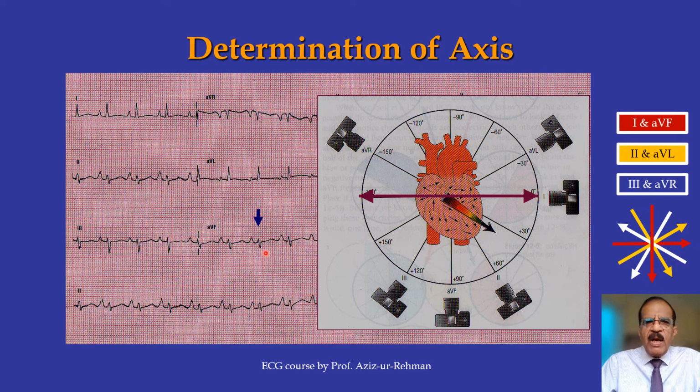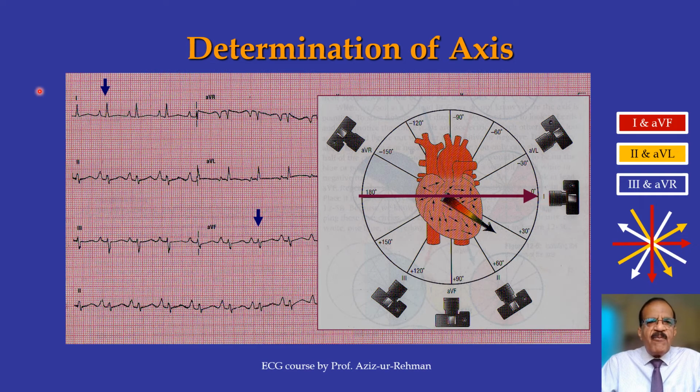Now the second point is we go to the lead which is at right angle to AVF, and that is limb lead 1, and we have to see if the QRS complex is predominantly upward or downward. In this case it is predominantly upward. Predominantly upward means that I have removed this arrow, so we have determined that the axis is close to 0.